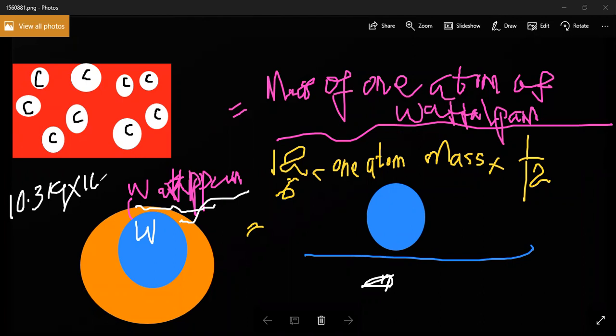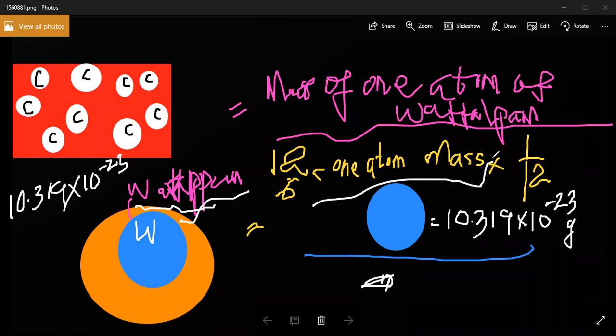It is not true, I'm just taking it as an example. Now you put 10.319 into 10 to the power minus 23 gram over the 12th part of carbon. One 12C carbon atom, what is the mass of one atom?